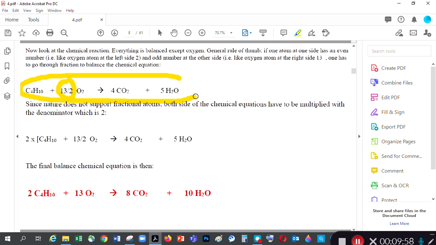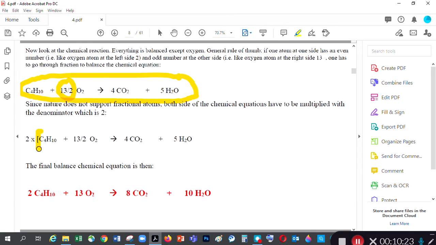But nature tells you, no, no, no. There is no 13 over 2 of an oxygen molecule. There is none. So I have to get rid of this fraction out of the equation. I have to multiply the denominator, which is 2.